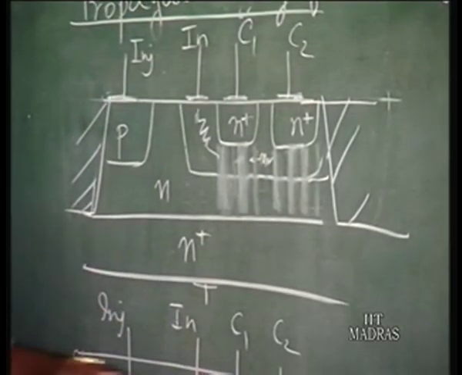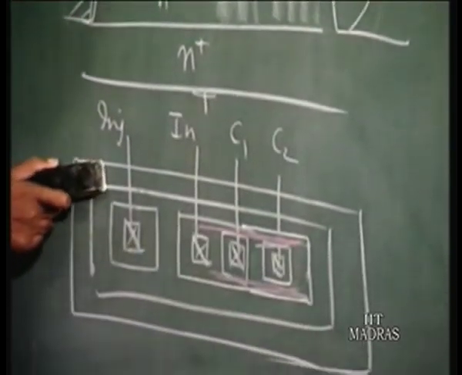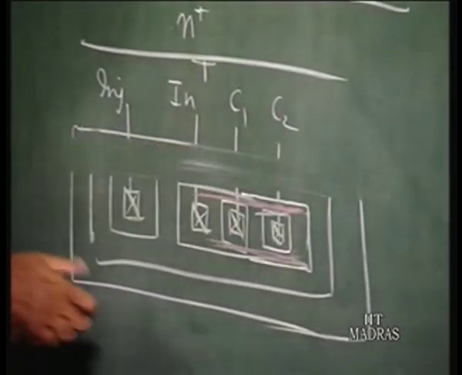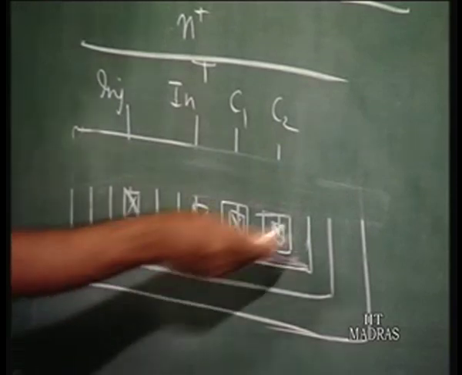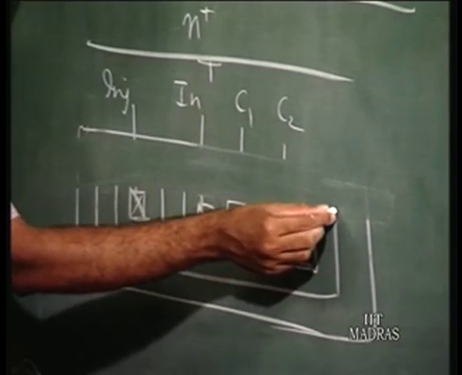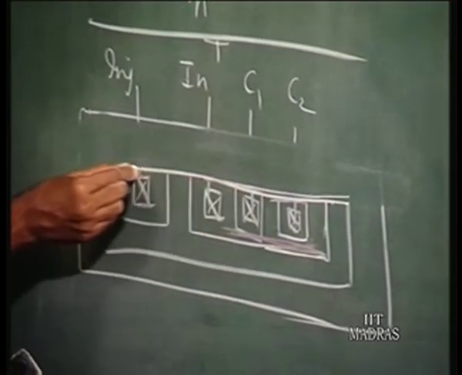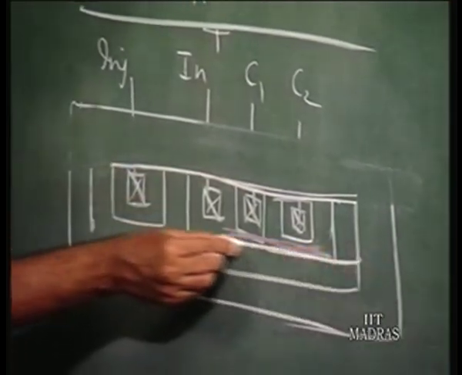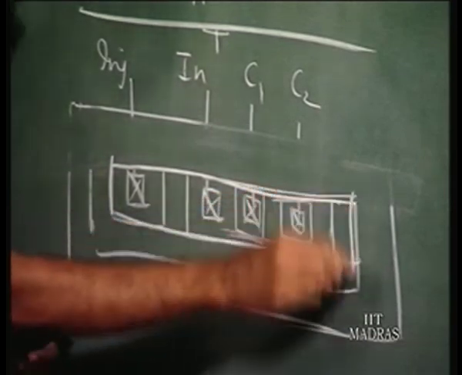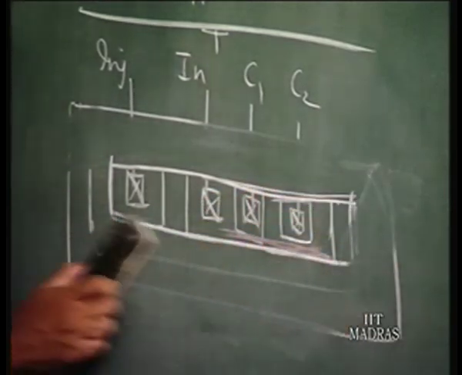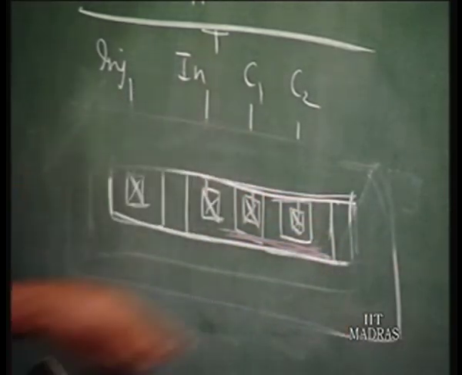What we have done is, this entire region, this collector diffusion, we have reduced the area up to here, and all around you have oxide.